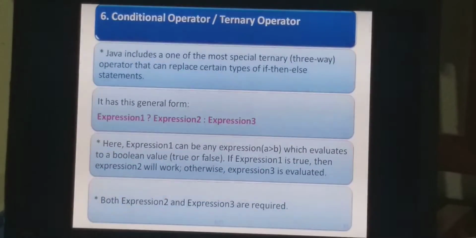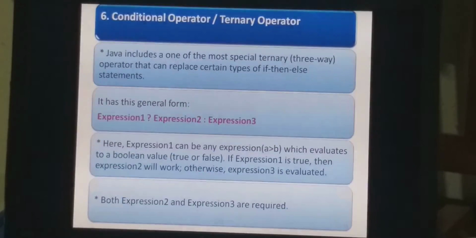Then the sixth type of operator is the conditional or ternary operator. The conditional or ternary operator takes the form, see the second line, it has three expressions. The first expression has a condition. If the condition is true, expression 2 will be executed. If the condition is false, expression 3 will be executed.